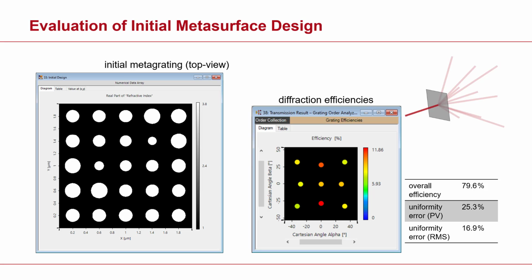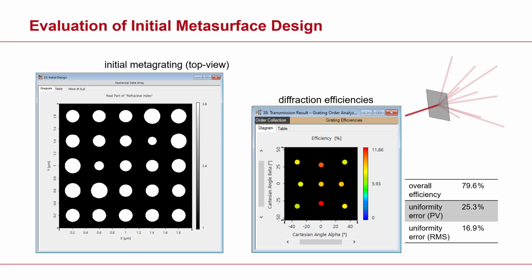And also the uniformity error, both peak to valley 25.3% and root mean square, which is 16.9%, so around 20-30% uniformity error. That lack of uniformity can be seen in the different colours of the efficiency of the different orders in the 3x3, in the colour plot of the 3x3 working orders.